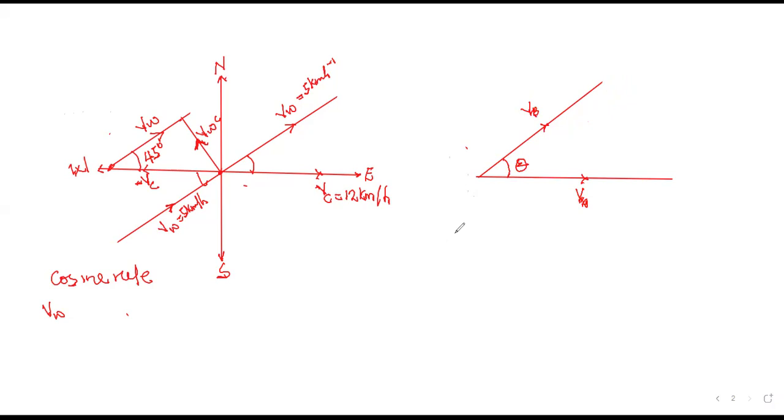And we are asked to find the relative velocity of A with respect to B. It means that this is equal to V of A plus the negative V of B. So by the concept of relative velocity, we must negate the velocity of B. And Godfrey, this is the reason why we are going to negate B.